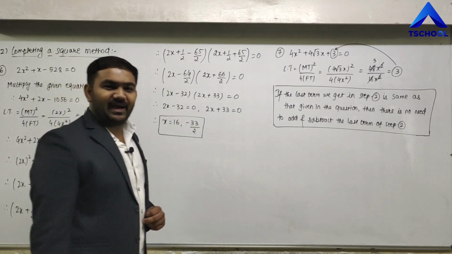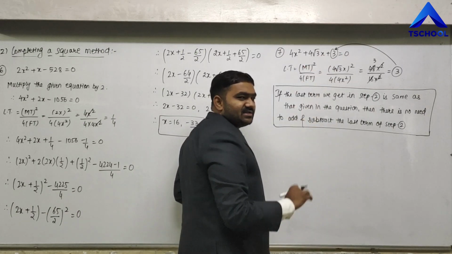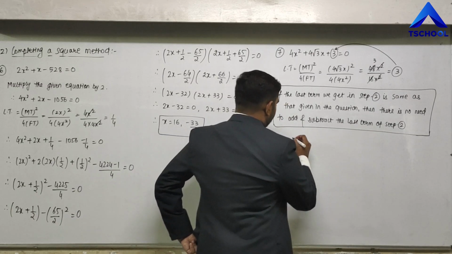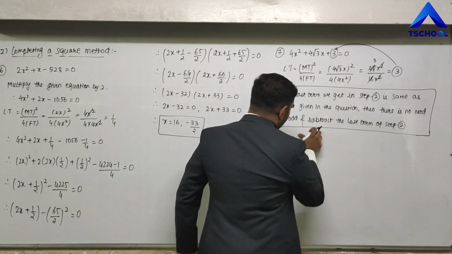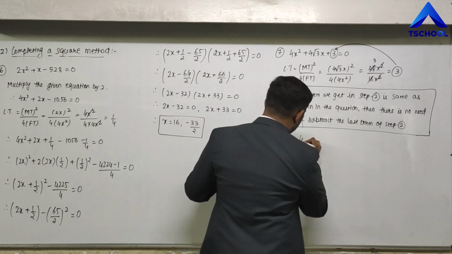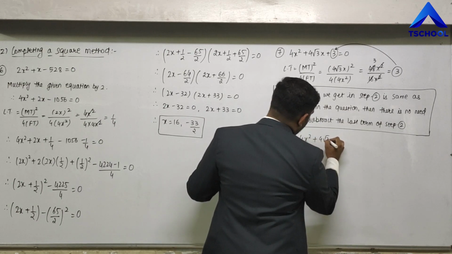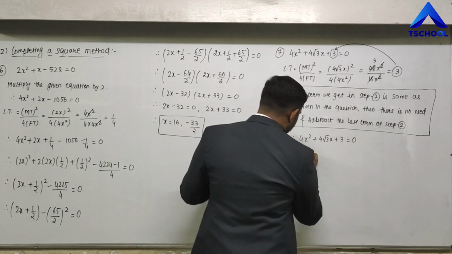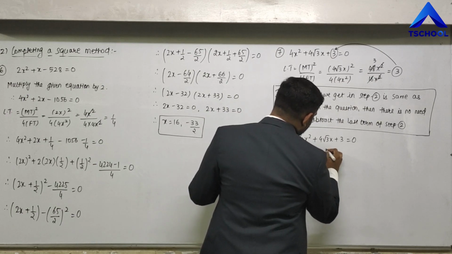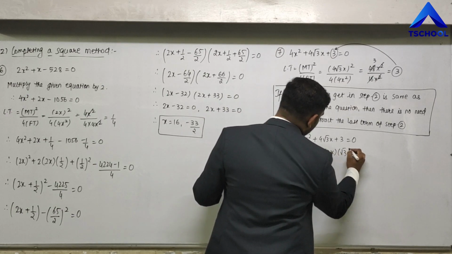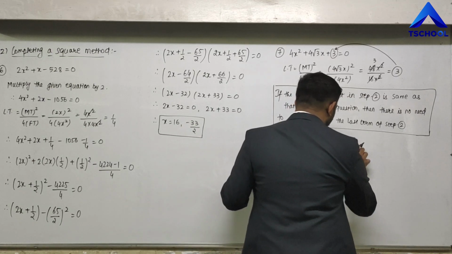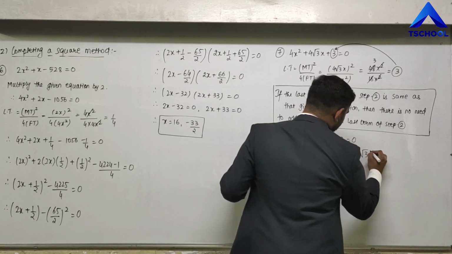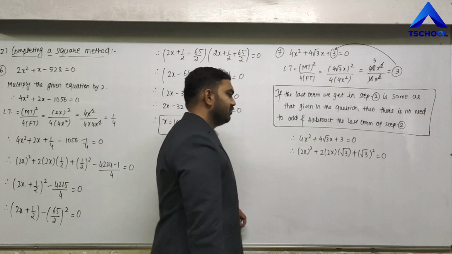So now we are not going to add it. That means this given question is simply a perfect square. Therefore 4x square plus 4 root 3x plus 3 is equal to 0 is as it is, and that becomes (2x) square plus 2 into 2x into root 3 plus root 3 whole square is equal to 0, right?